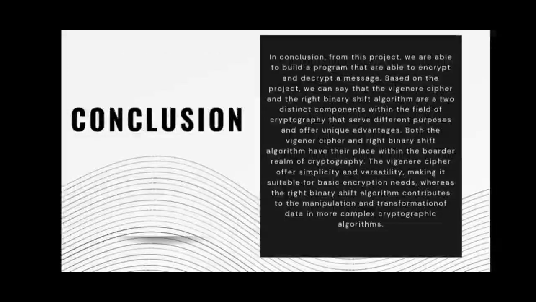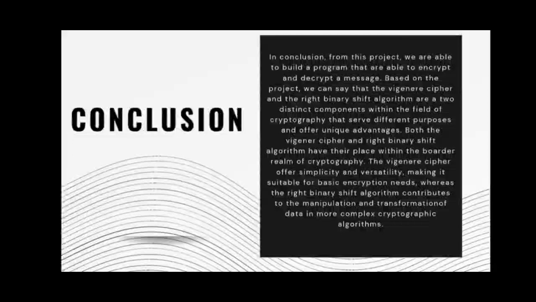Next is the conclusion. In conclusion, from this project, we are able to build a program that is able to encrypt and decrypt a message. Based on the project, we can say that the Vigenère cipher and the right binary shift algorithm are two distinct components within the field of cryptography that serve different purposes and offer unique advantages.